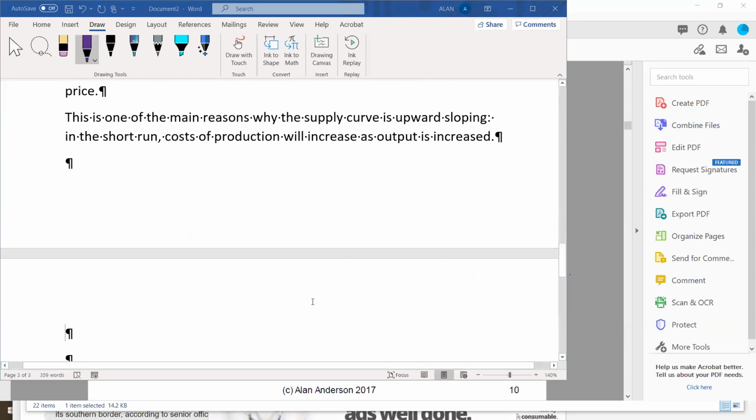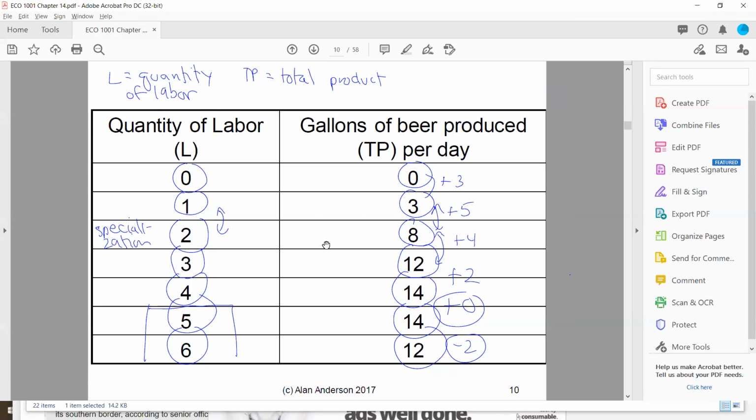In fact, if we had numbers, we could actually do that, where you could see how much each laborer costs and how much we can sell the beer for. We could show that the cost per gallon is actually going up. And in fact, later on in this chapter, we'll do something just like that, where we're going to show that as we try to make more and more of a product, the actual cost of making it is going up and up and up. And therefore, we have to expect a higher price in order to produce more of our product.